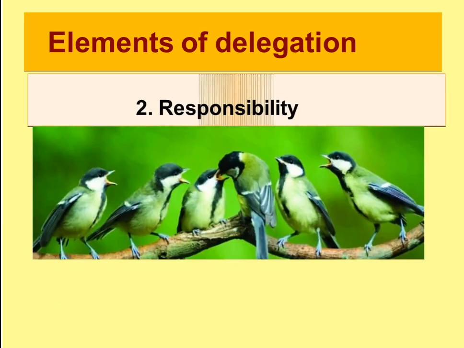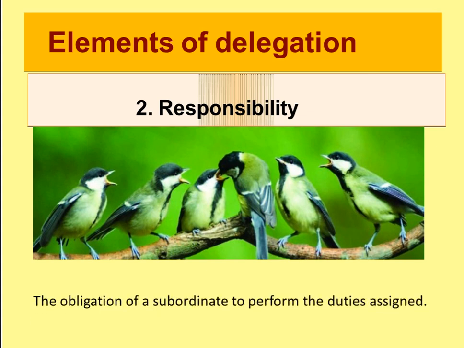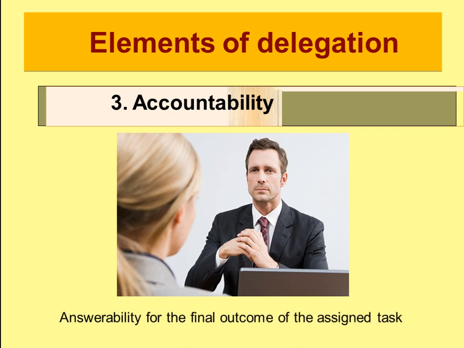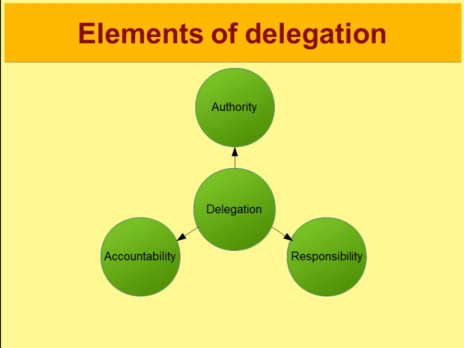Three elements are there. Next is responsibility, the obligation of a subordinate to perform the assigned duty. Next, accountability, which means answerability for the final outcome of the assigned work. These three are the elements of delegation of authority: authority, responsibility, and accountability.